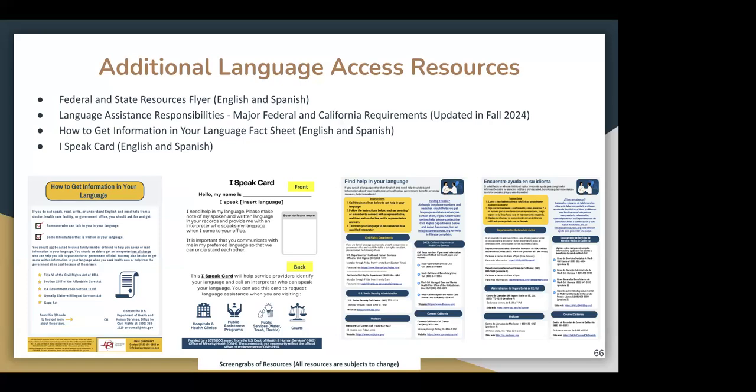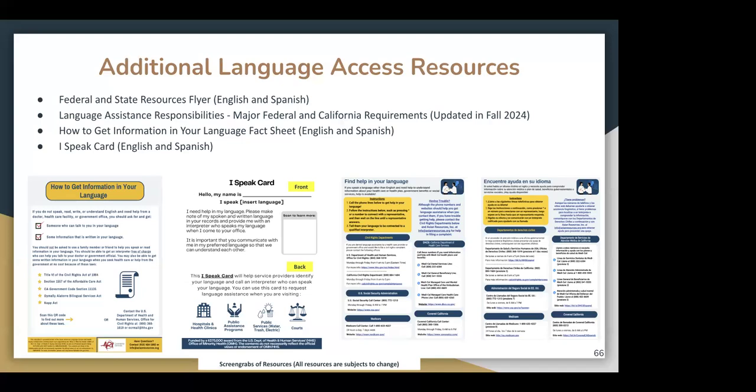And then lastly, there is a how-to-get-information-in-your-language fact sheet, which clients can use or we can provide at our different events, so people can take it with them and let their doctors or public services providers know what the laws and regulations around language access are.